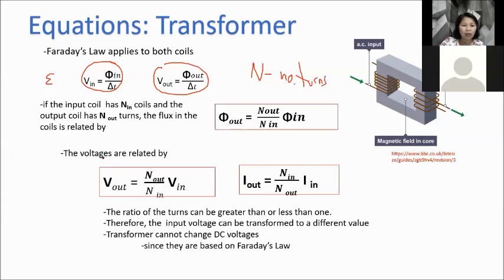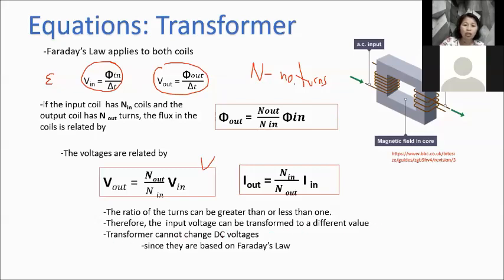Okay. So in terms of voltages, how many turns? Ano ang output and input voltages? And in terms of current, how many turns? Ano ang expected I in and out? So the ratio of the turns can be greater than or less than 1. Therefore, the input voltage can be transformed to a different value.